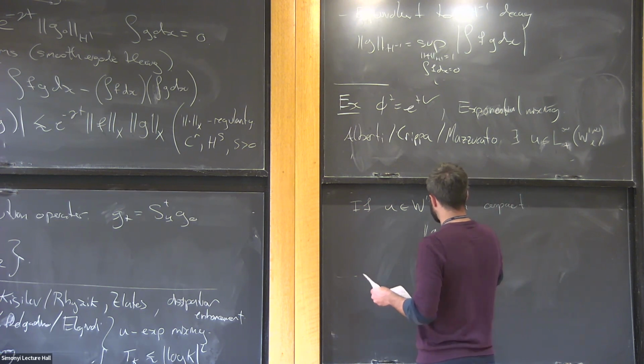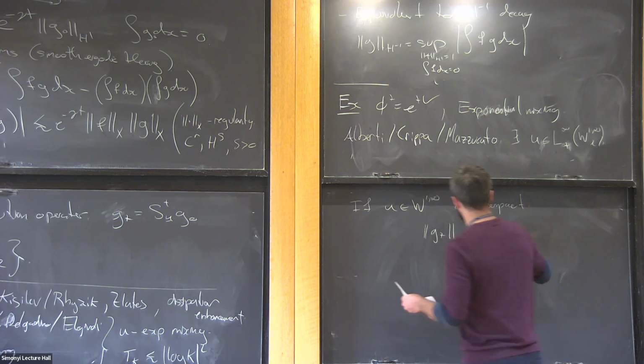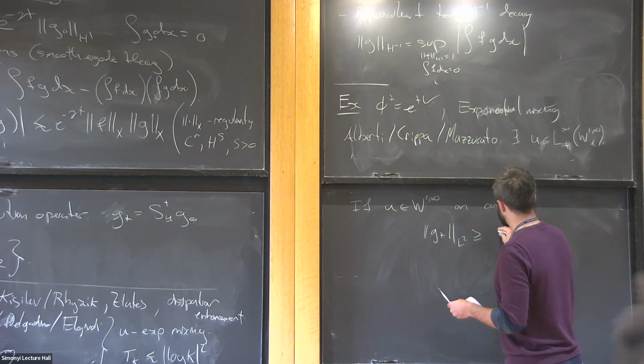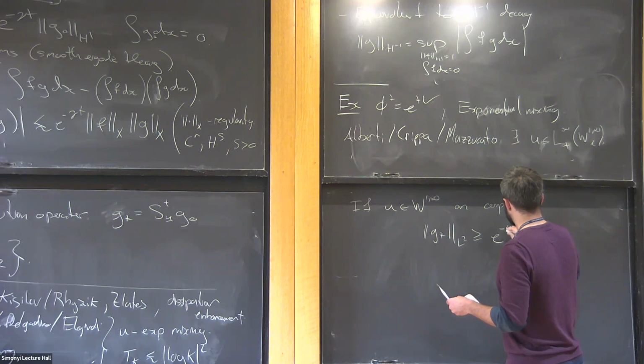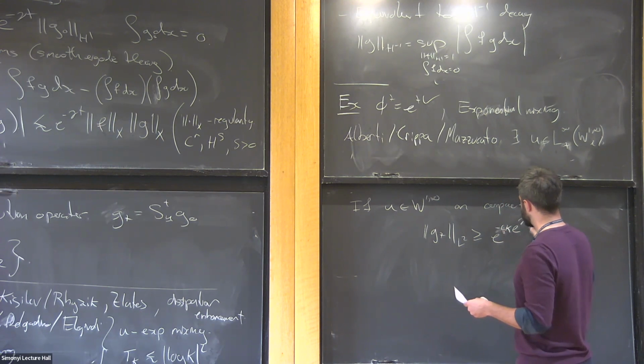Then you have a double exponential lower bound in L2, which can be more or less written something like this: e to the minus kappa, with some constant that depends on the velocity field, e to the gamma t.